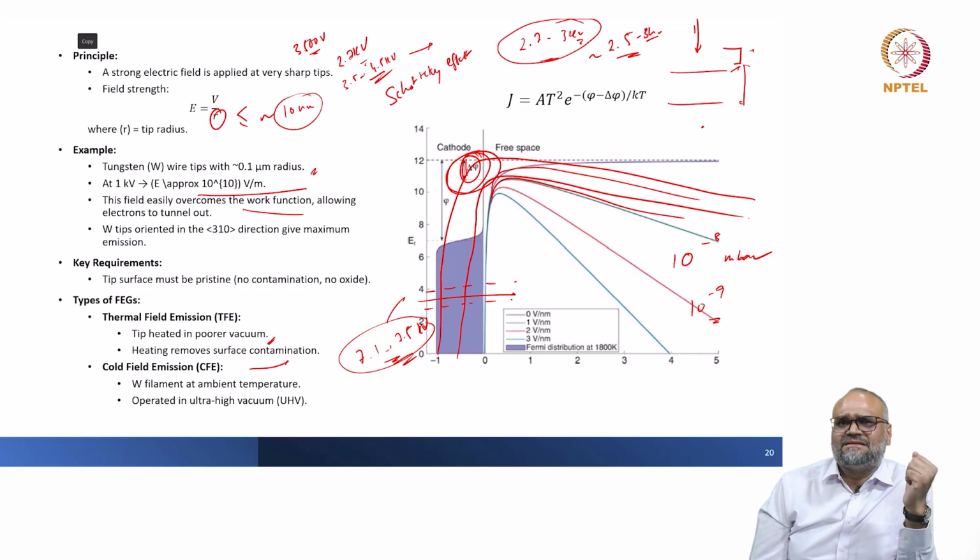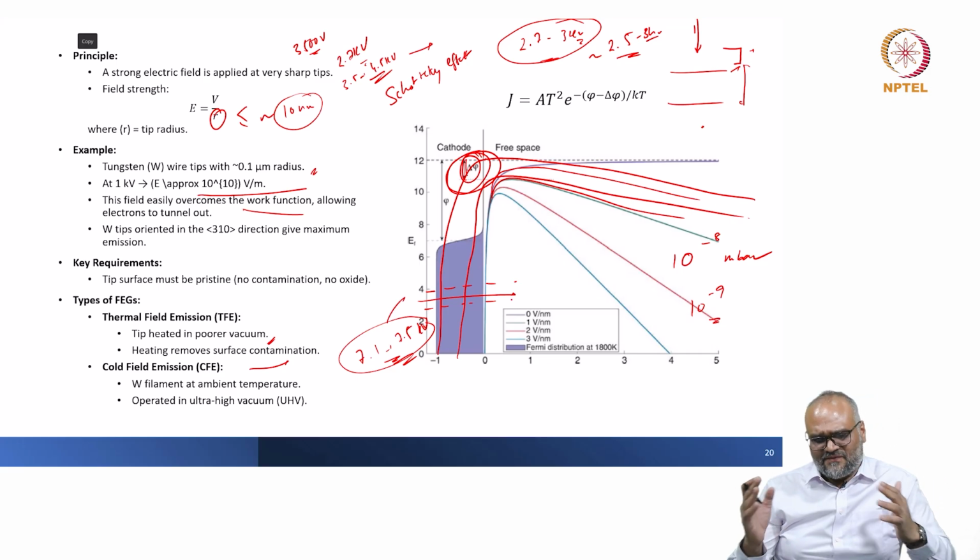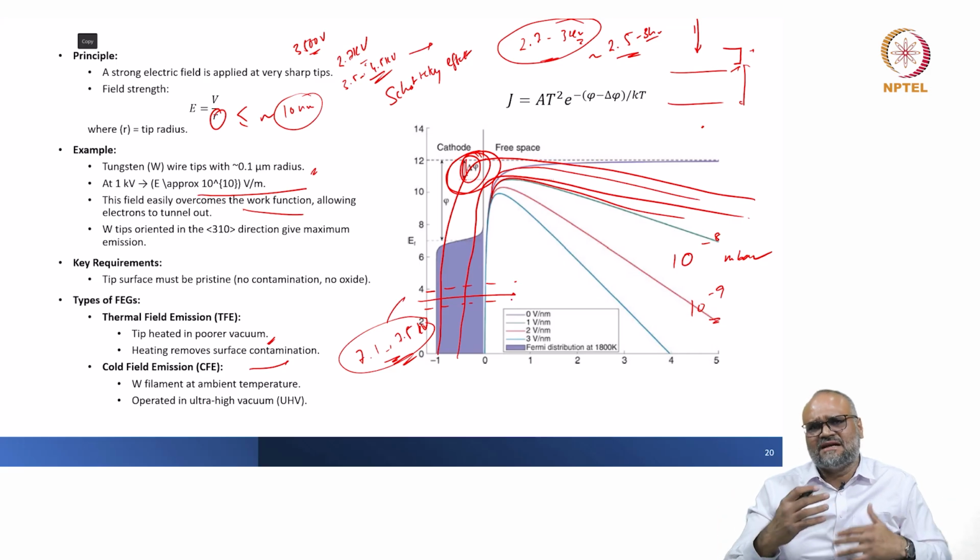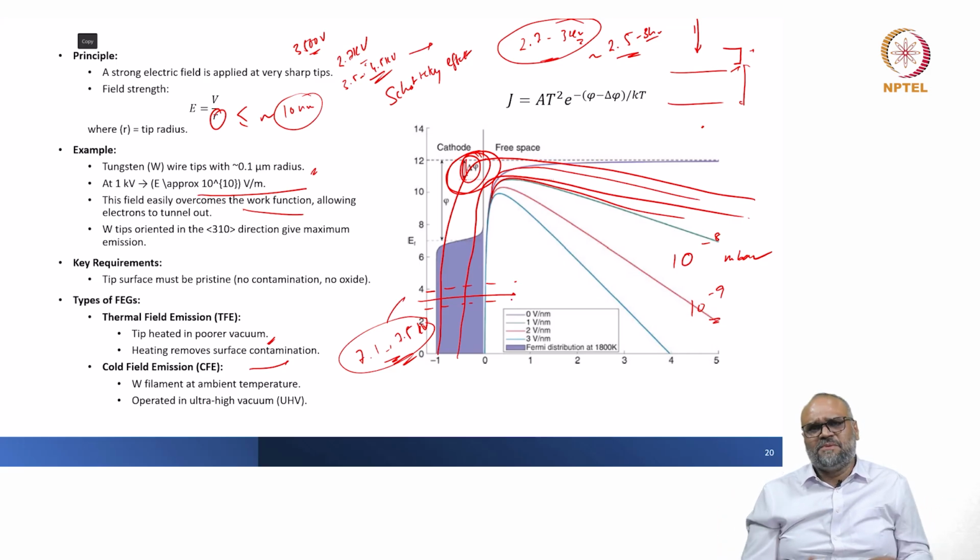So, with such a technology coming into the market, people would have done all the homework so that the overall lifespan of a cold field emitter, where you are not doing a warm start, is improved.